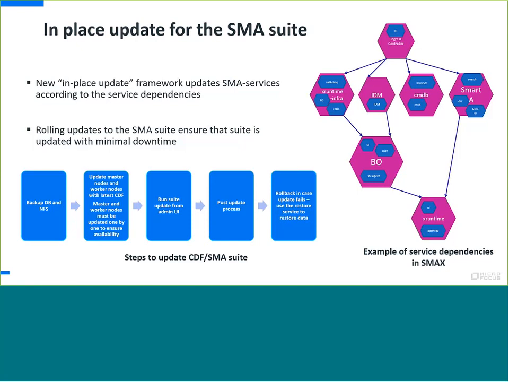As you can imagine, we have a lot of services running across the board for the suite, and many of these services are interdependent on each other for purposes of running. During the update process, we start top down and work our way through looking at the service dependencies. So in this example, we'll start with the ingress controller being the first service, which is the primary service on which other services depend.